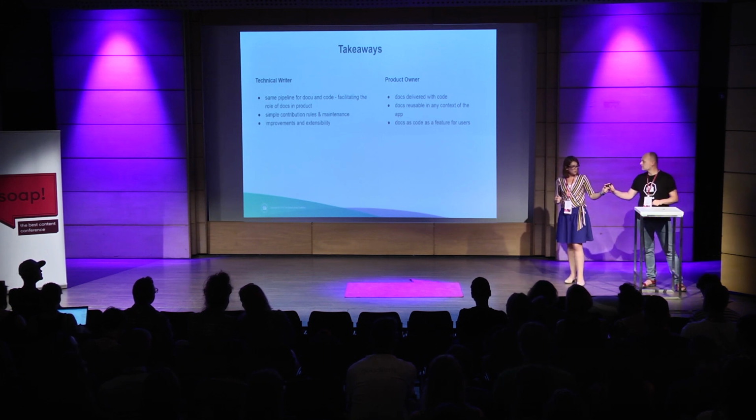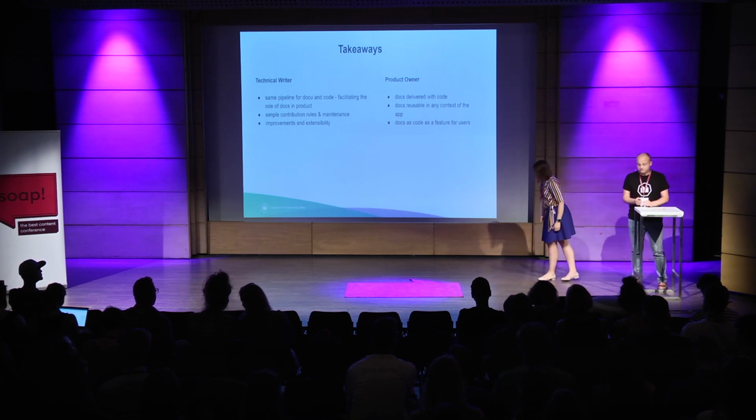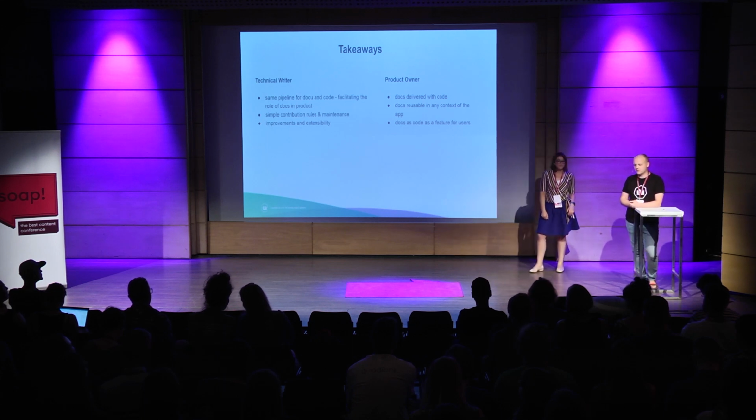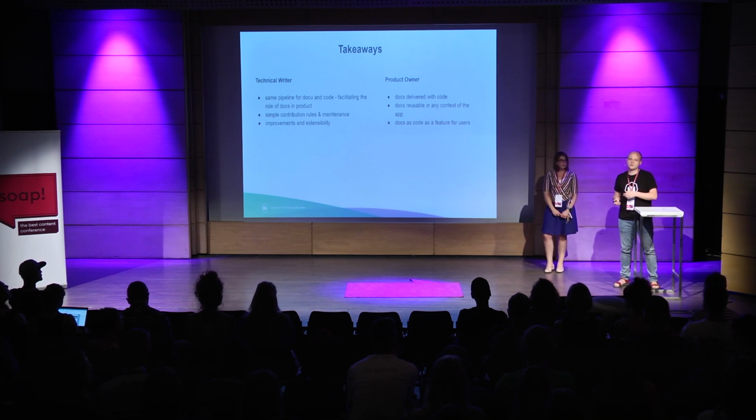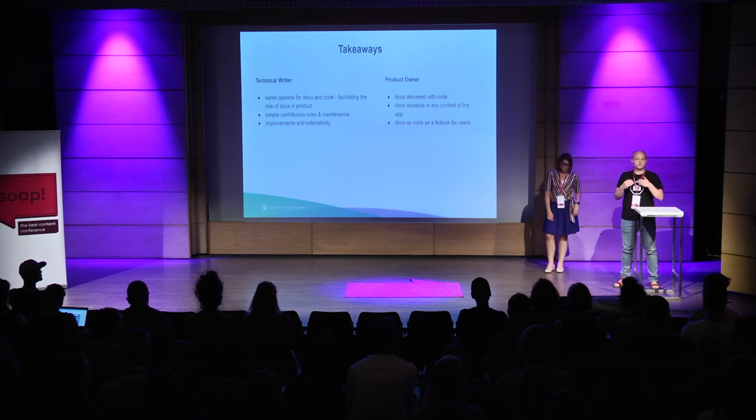Okay, over to you, Łukasz. Thank you. So, for me, as a product owner, one of the most important things was that you could see on the example of the pull request where docs are really treated together, delivered together with the code. So when I'm getting a story finished from my team, I of course have to accept it to make sure that the feature is implemented as I want it. At the same time, I can also double check if it's documented as I want it.